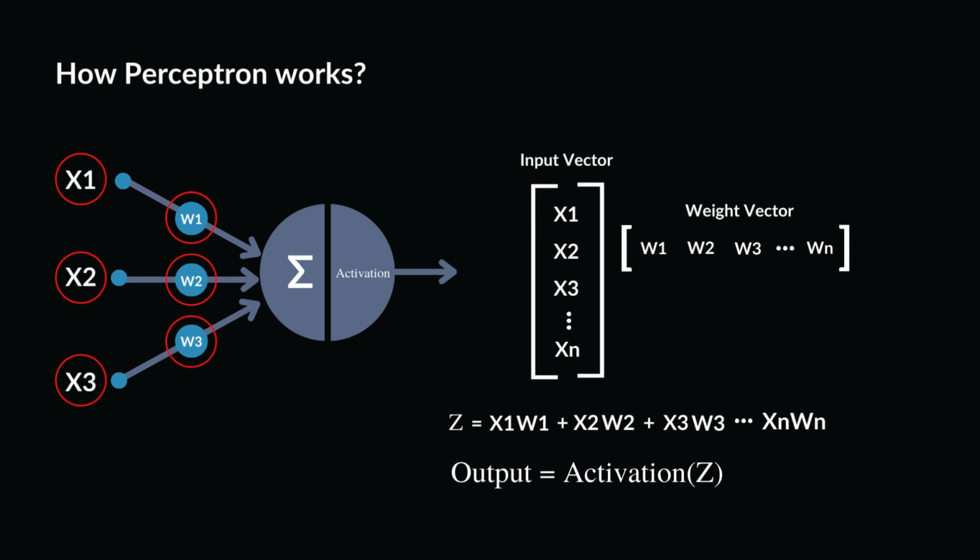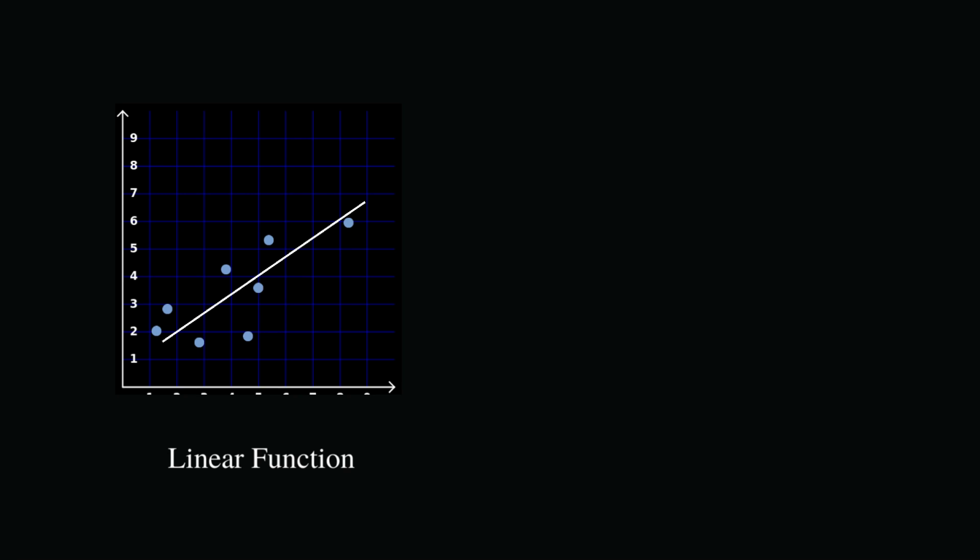So, what is an activation function? Activation functions are nothing but non-linear functions, which decide whether the perceptron needs to be fired or not. A linear function is continuous, meaning that if we give an input value of x, we can approximate the output value y, just as in linear regression. But a non-linear function can be discrete, meaning that it can determine if the predicted value for an input x is greater or lesser than a given threshold or not.